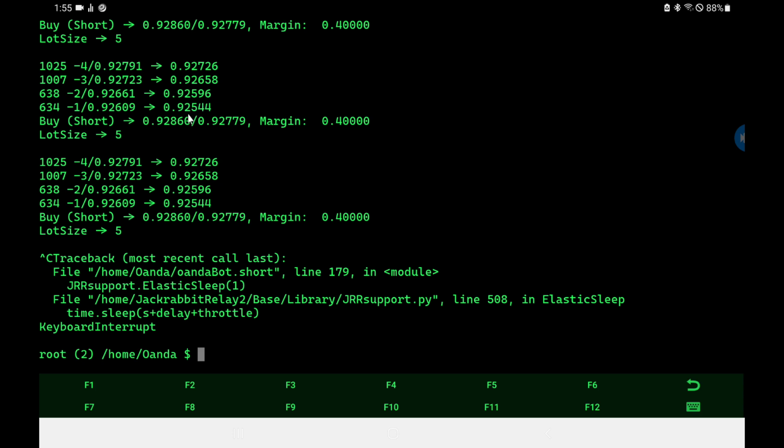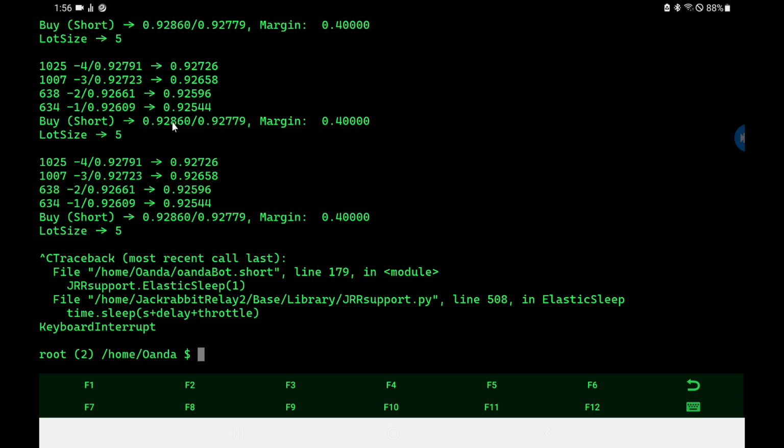And here we see the actual next buy price, 92.86. And that is in fact higher than this price. And the 92.86 will fluctuate based upon the margin spread and the ticker spread.